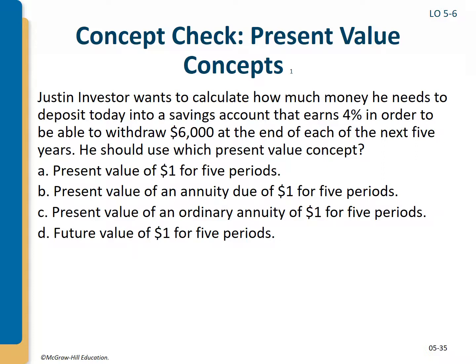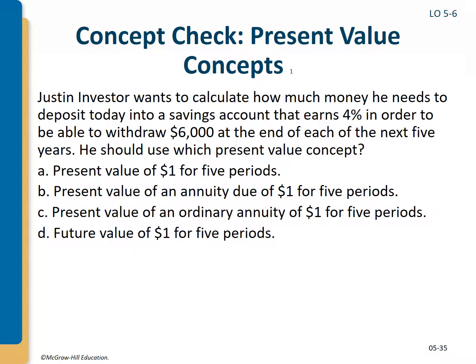If he needs to put money away today in order to get that $6,000 at the end of each year for the next 5 years, what is the lump sum, its present value? What are those $6,000 in future payments worth?